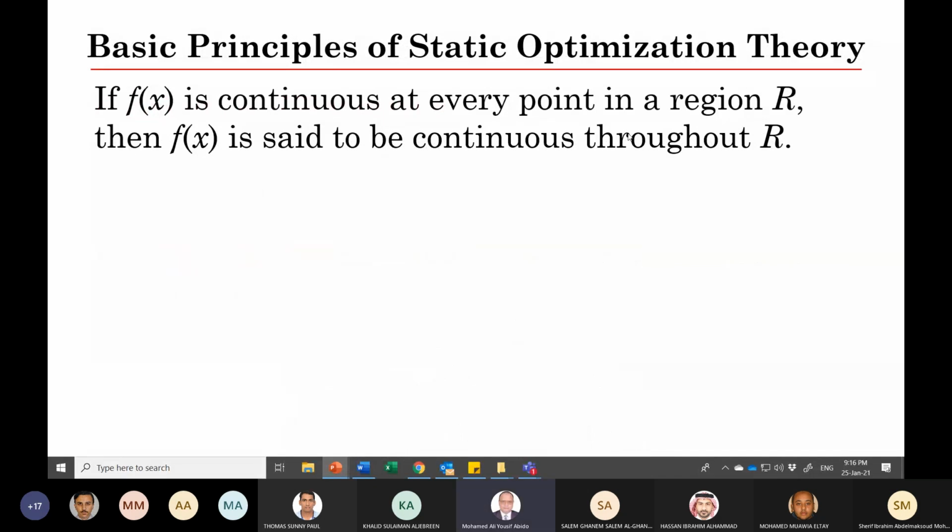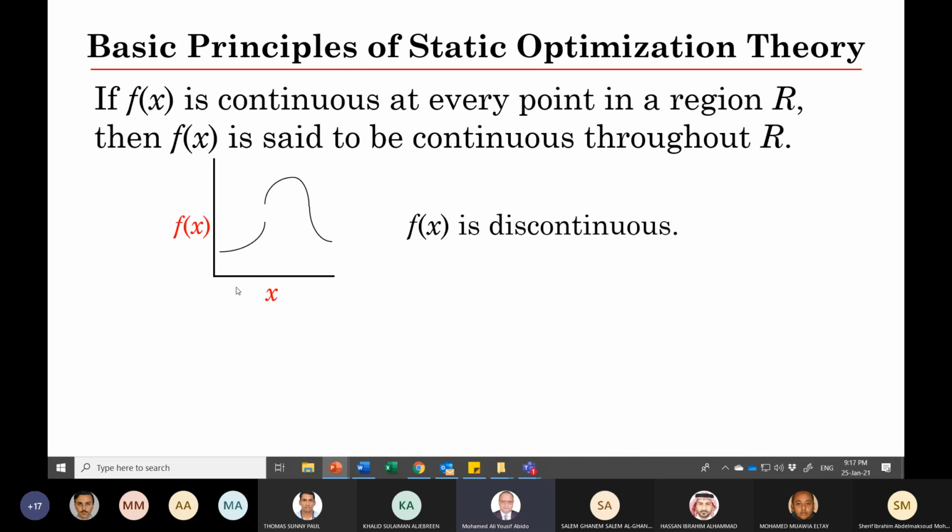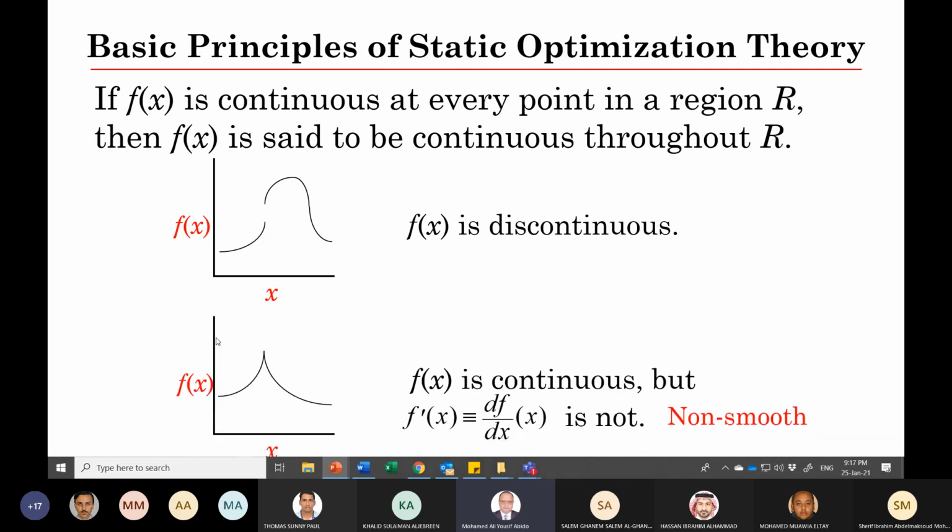If f(x) is continuous at every point in the region R, then f of x is said to be continuous through the range. Of course, you are searching over a range of x, not only a certain value. For this function, it is discontinuous here. And here, f of x is continuous, but the derivative doesn't exist at this value of x, so this is a non-smooth function.